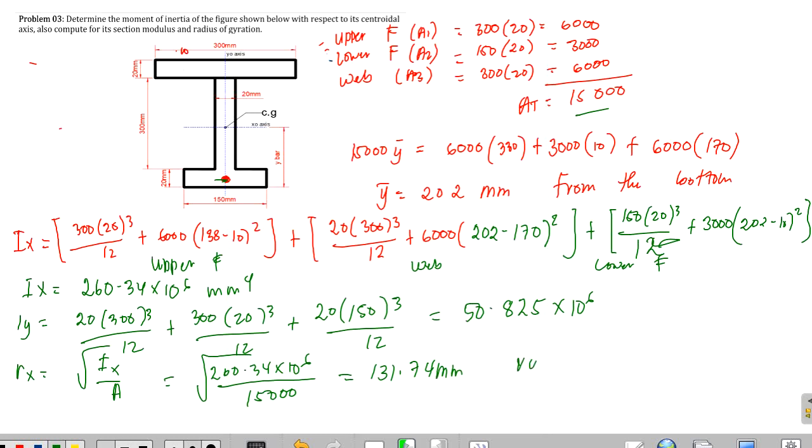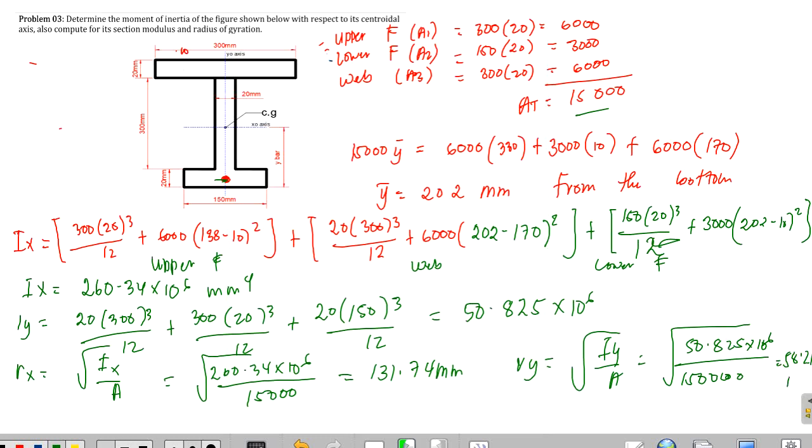The same for Ry, that is the square root of Iy over A. Iy is 50.825 times 10 raised to 6 over the total area of 15,000. So our Ry is equal to 58.21 mm.